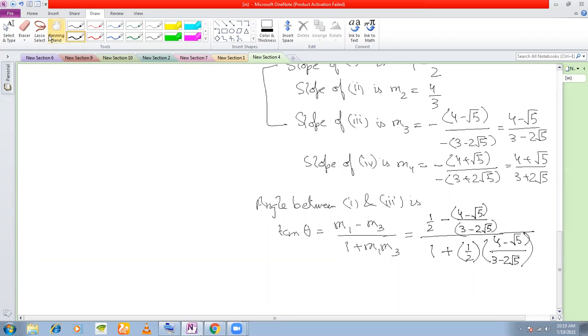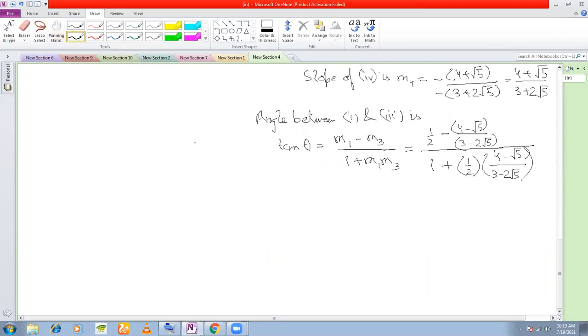Okay, you take the LCM in the numerator and denominator, you'll get, let me just write this for you, 3 minus 2 root 5 minus twice 4 minus root 5 divided by 2 into 3 minus 2 root 5. This is 2, sorry, not 3.